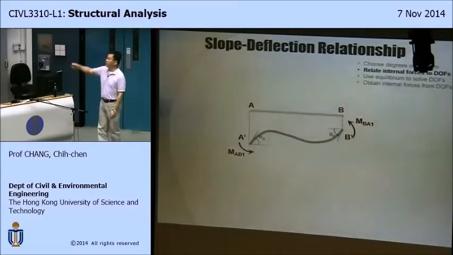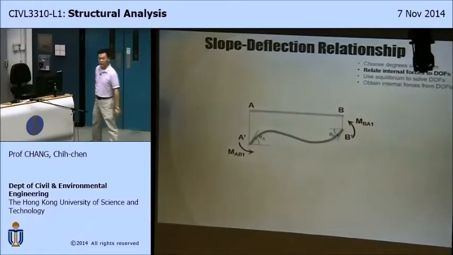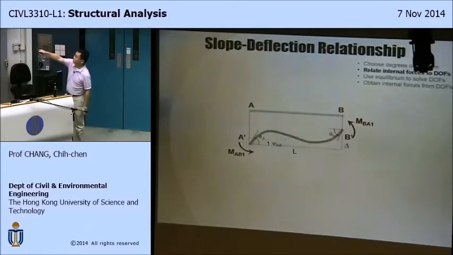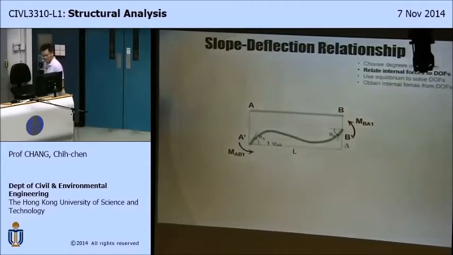But instead of looking at the displacement of A and B, we look at the relative displacement, called delta. The length of the span is L, so delta over L turns out to be the rigid body rotation, called psi AB.